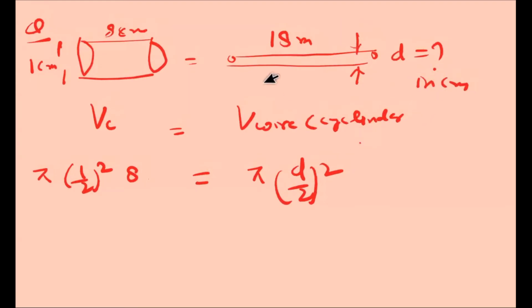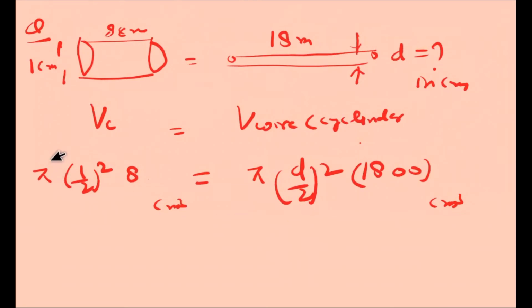The length of this wire is 18 meter, so 18 into 100 centimeter. So this is centimeter cube and it is also in centimeter cube. Now we can solve this and we can find the value of d. Then we can find the diameter. Okay, so you can solve this.